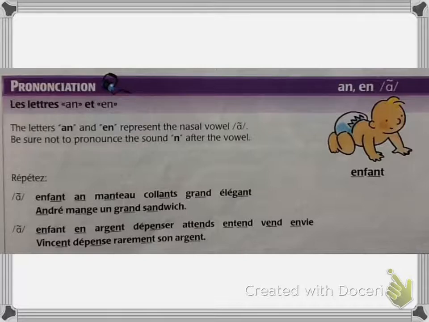S'il vous plaît, répétez: enfant, en, manteau, colon, grand, élégant, André mange un grand sandwich, enfant, en, argent, dépenser, attend, entend, vend, envie. Vincent dépense rarement son argent.